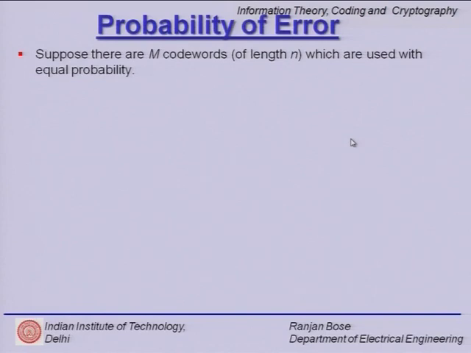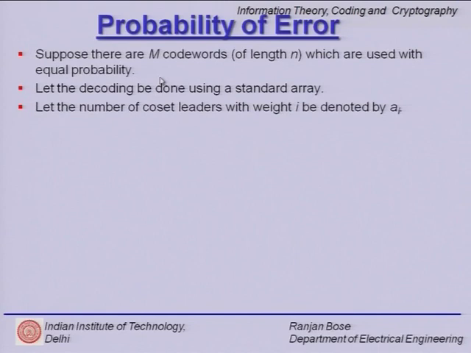Now let us look at the probability of error. Suppose there are m code words, each one of length n. So we are talking about a linear block code of block length n. These code words are used with equal probability. Then suppose you do a standard array based decoding, and please note, this analysis will hold true for syndrome decoding as well.